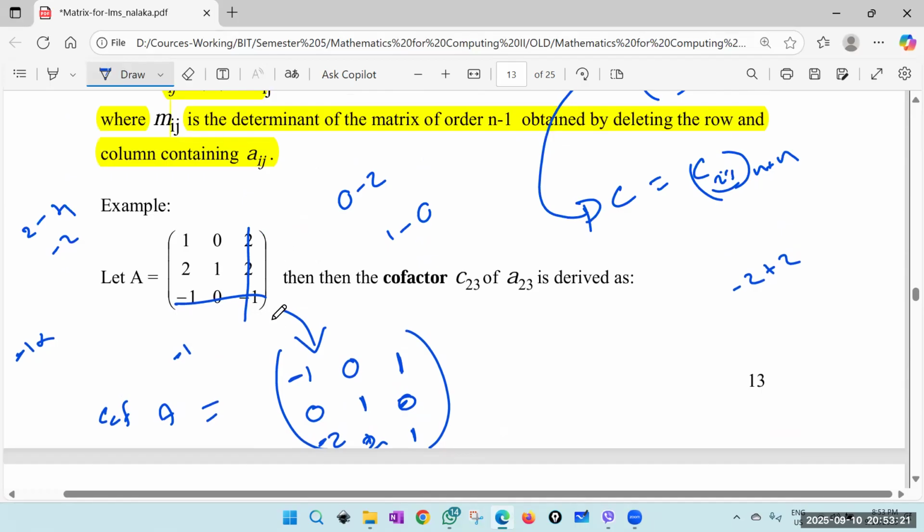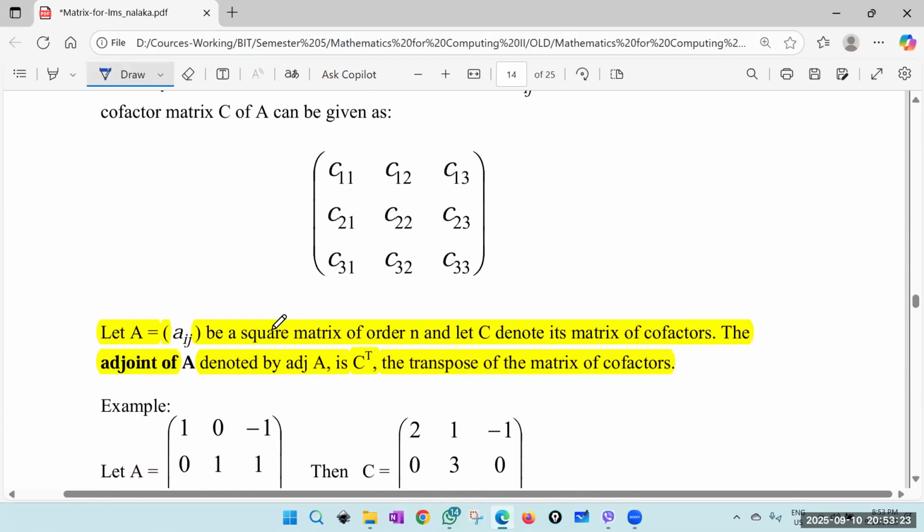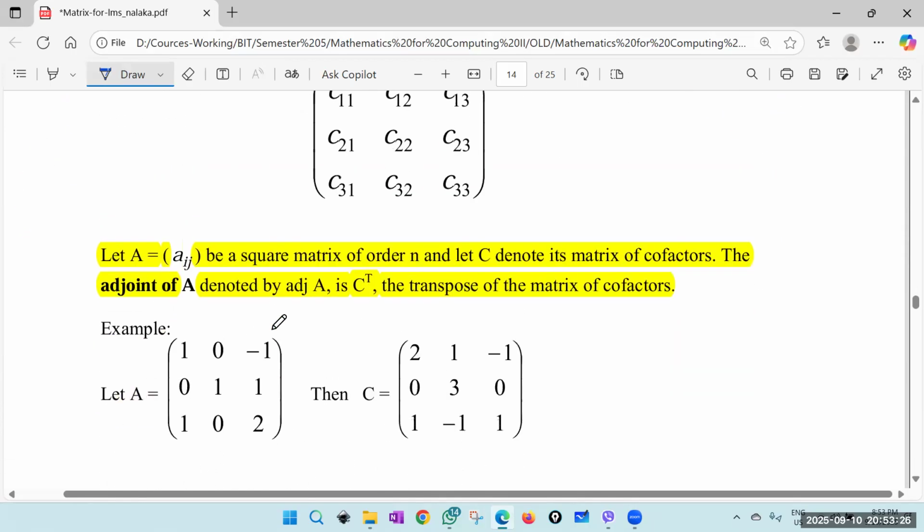Okay, right. So this is an exercise. Can you quickly prove that this is the cofactor matrix? Because finding the cofactor matrix is very important. Otherwise, you can't proceed.